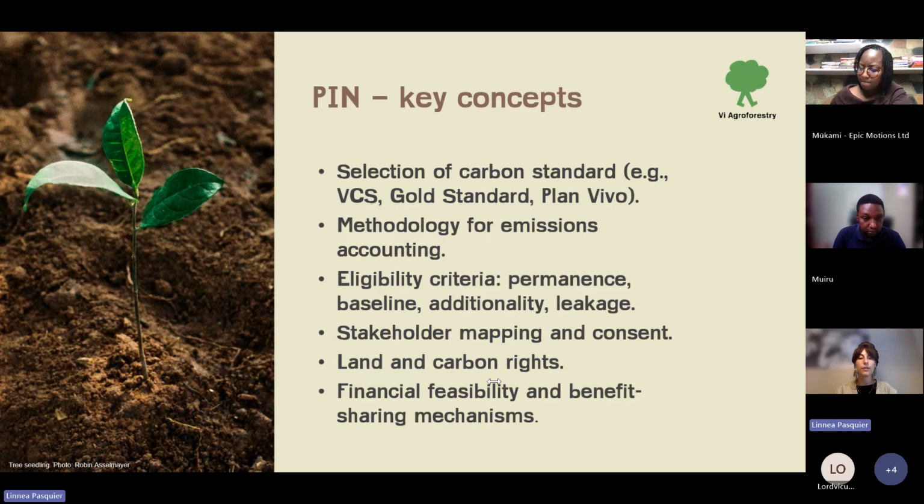Then you go into the eligibility criteria, which is crucial for a carbon project. This will always be the central part, and that's 4 concepts. It's permanence, which means how long will the carbon be stored within the project? Is it 40 years, 50? What is the projection?